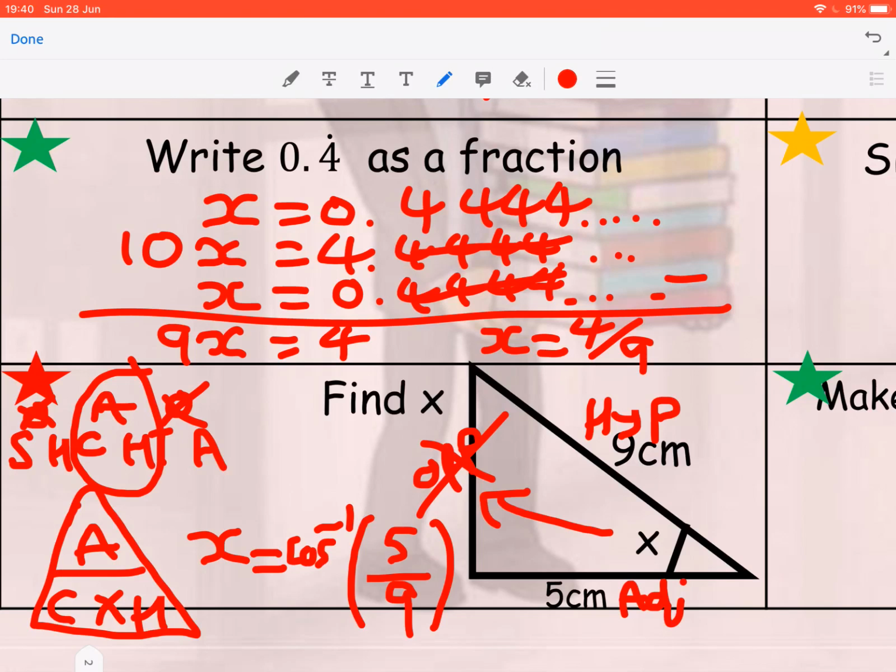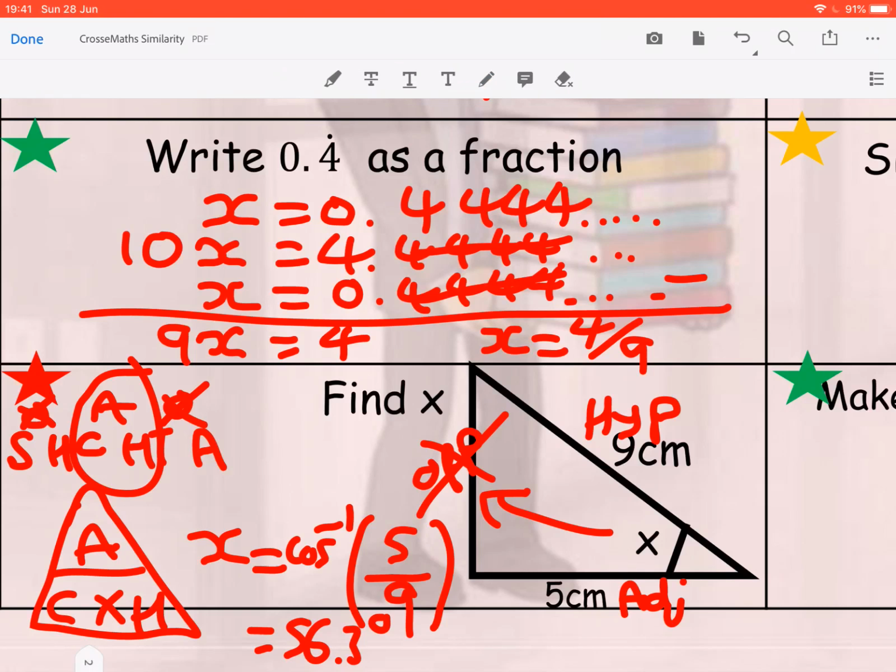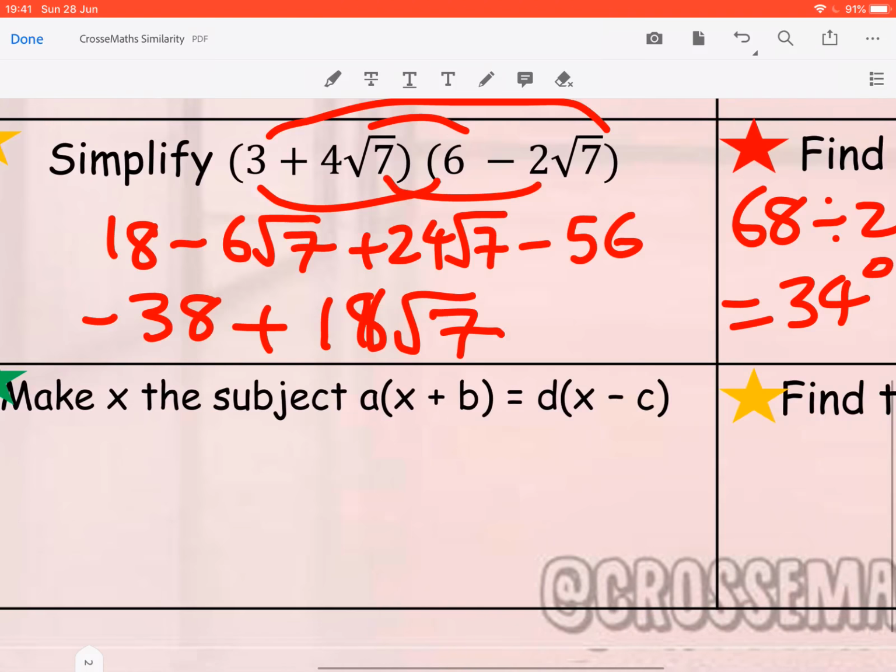Okay. Cos to the minus 1, I'm going to take my calculator, put all that in, press shift, then cos, 5 divided by 9, gives me an answer of 56.3 degrees. Okay, that's that one done. And that's all trigonometry is, it's those same steps, okay, just get them in your head, get them ingrained.